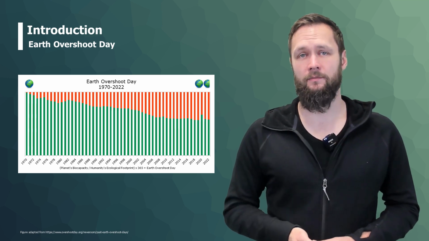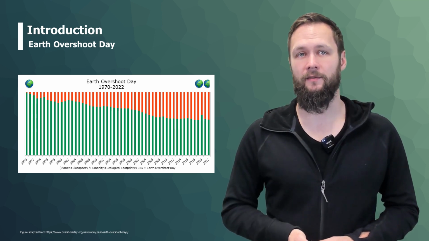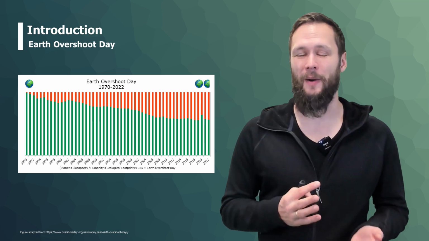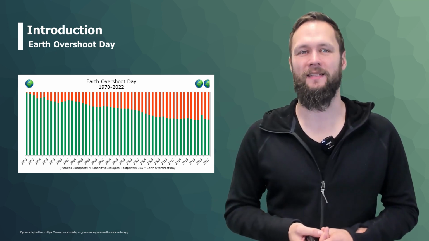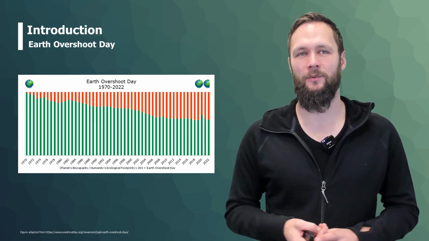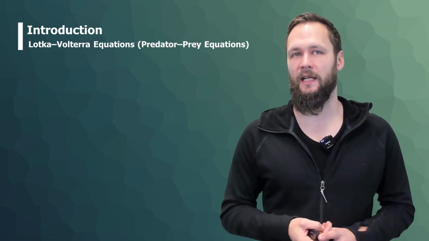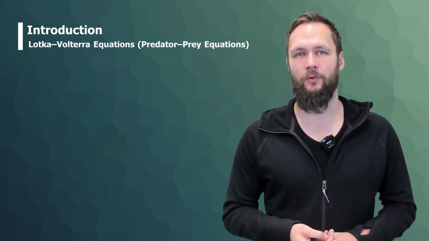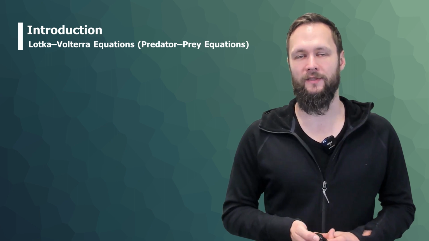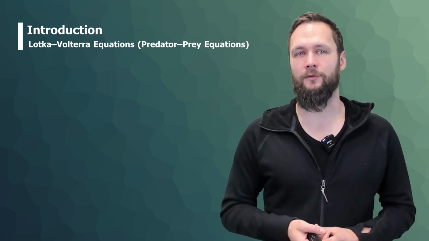We start by looking at a also simplified equation, but then we're getting a little bit more complex. First, we're going to have a look at the so-called Lotka-Volterra equations. You might also know them as predator-prey equations. They have at least two variables.